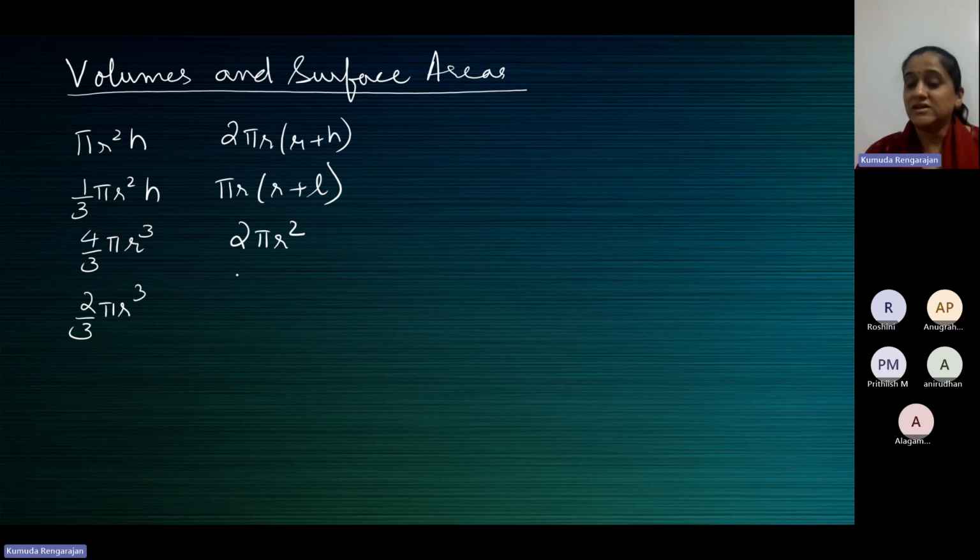CSA of a hemisphere: 2 pi r square is the formula to find the CSA, curved surface area, of a hemisphere. Online students, please participate. 3 pi r square is the TSA of a hemisphere.